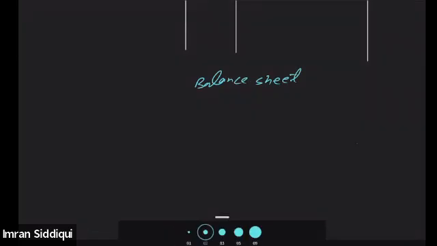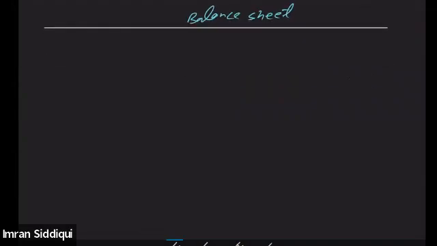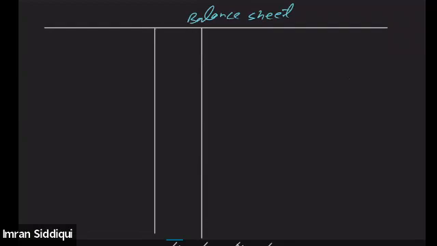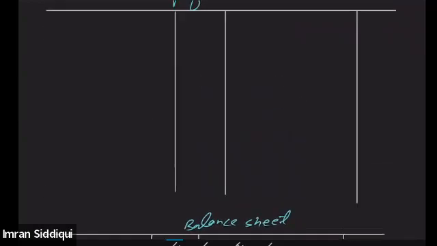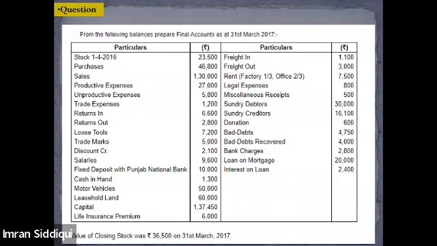Questions based on the final account are basically a bit lengthy and take some time to solve. Anyways, first of all, we'll prepare the format of everything that we need to prepare in this question, and then we'll move to the items one by one. So first of all, we will be preparing the trading account, and for that purpose we'll have to refer back to the question.